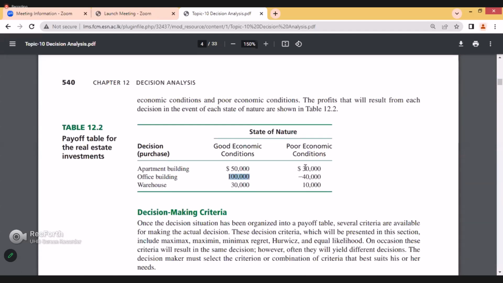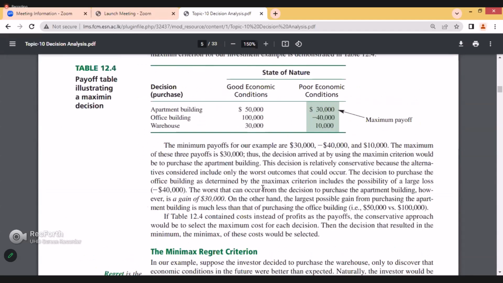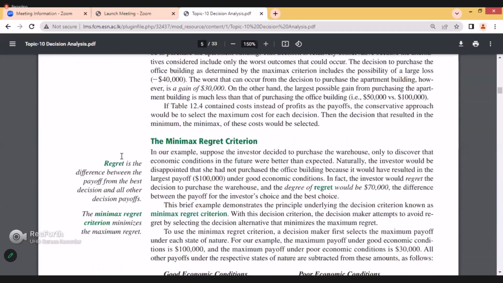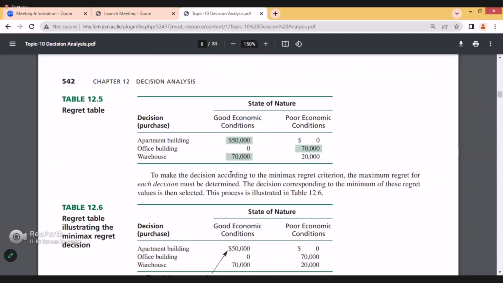This is the maximum for good economic conditions; for poor economic conditions, this is the maximum. Subtract all the values from it, and we get the regret table. The regret table is the difference between the payoff of the best decision in a particular state of nature and all other decision payoffs. That's it. After that, we have developed the regret table.